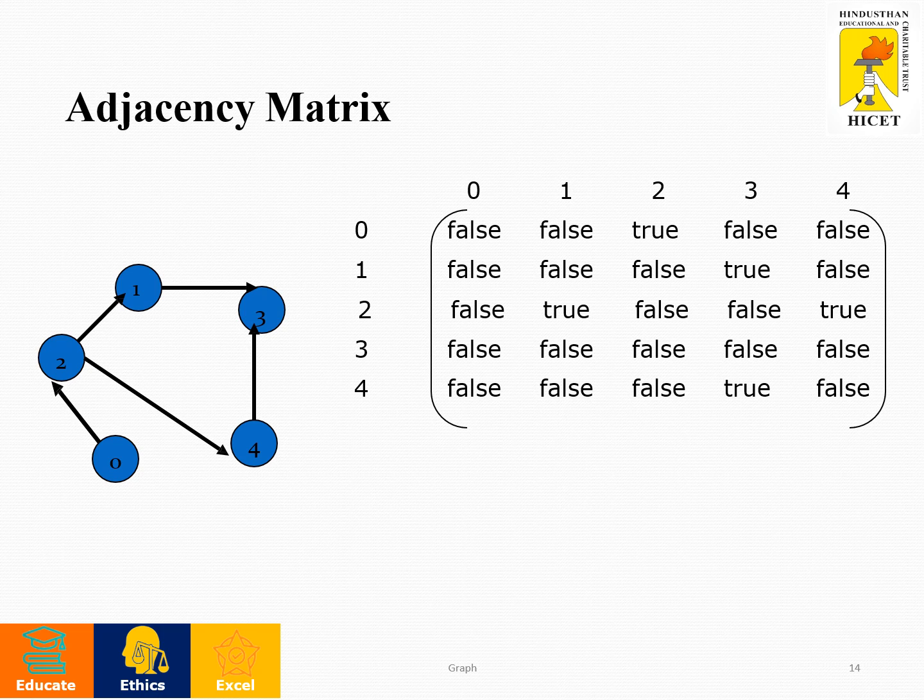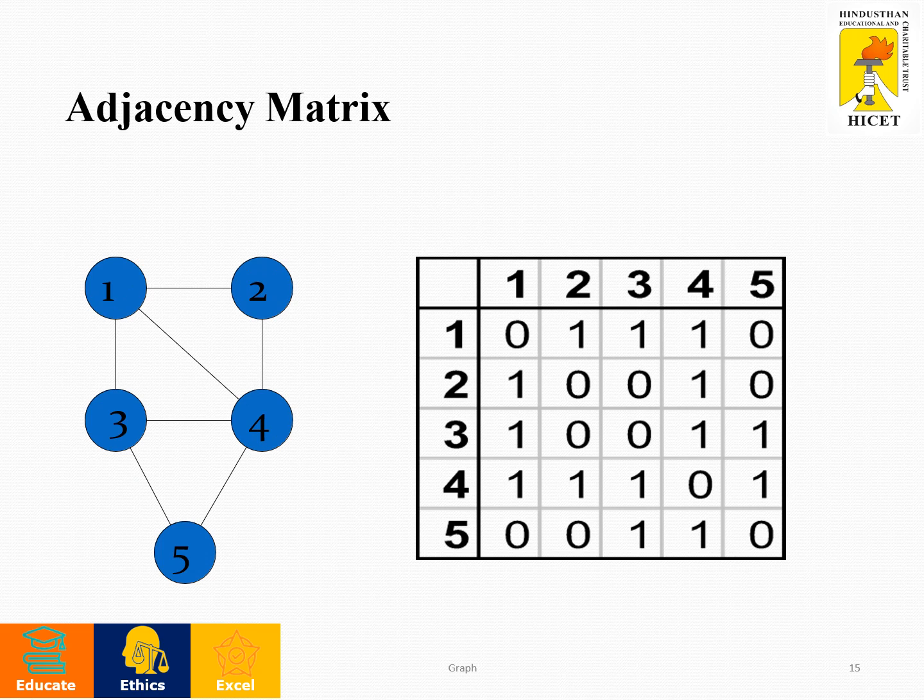There is no path, again false. Then 0 to 2. You can see here the path exists, so you can write the value true. So this is the way to form an adjacency matrix. Instead of false, you can write 0, and instead of true, you can write 1, because those are the Boolean values for true and false.